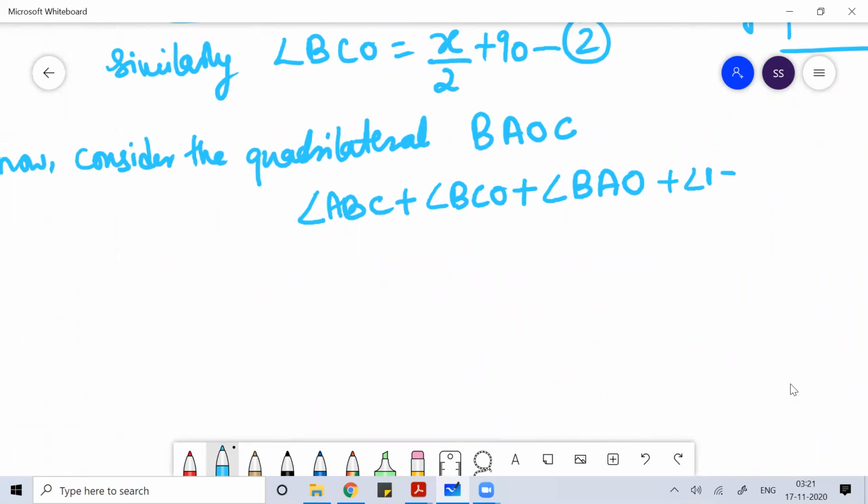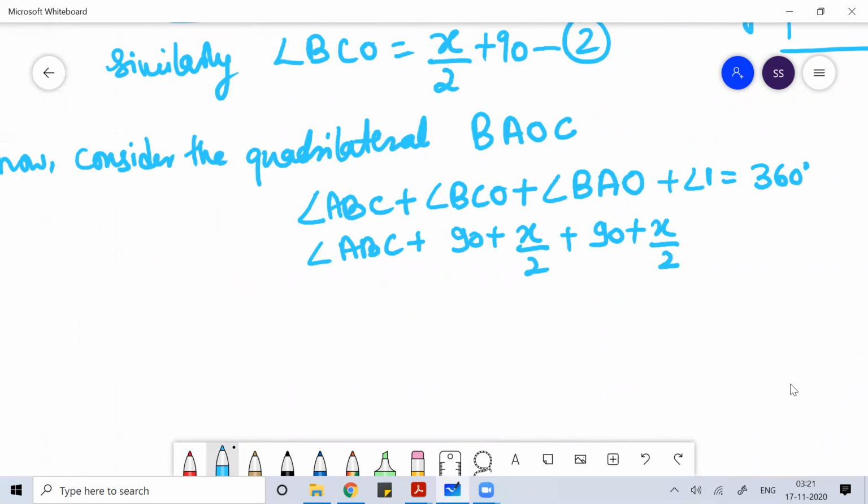So that would be equal to 360 degrees, because the sum of all interior angles of a quadrilateral is 360 degrees. So ABC you have to find out. BCO and BAO are equal to 90 plus x by 2 each, and angle 1 is given. This is equal to 360 degrees.